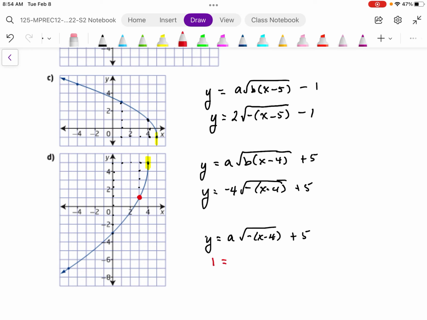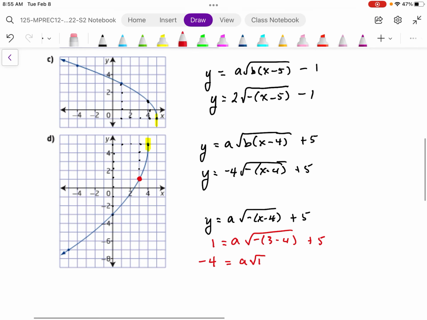So plugging in that coordinate, y equals 1, x equals, in this case, 3. Solving for a, I get negative 4 equals a times, this becomes negative of negative 1, so square root 1. And I can solve for a is equal to negative 4. And that confirms the a that I got from a counting method and using reference points. So this could be done algebraically as well, but if you know your reference points, it's easier to just count and figure out the ratio from there.